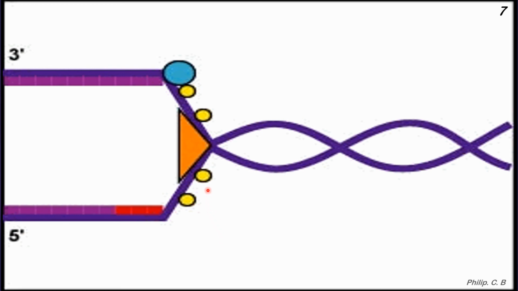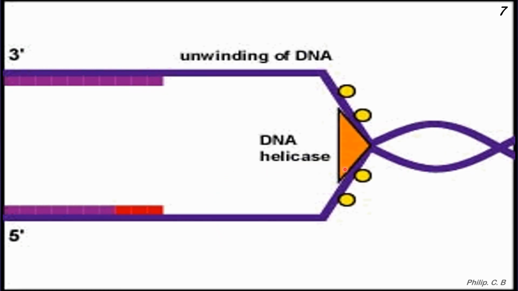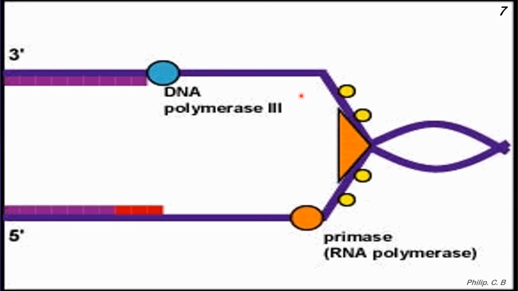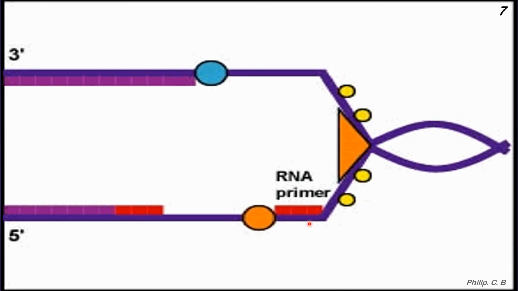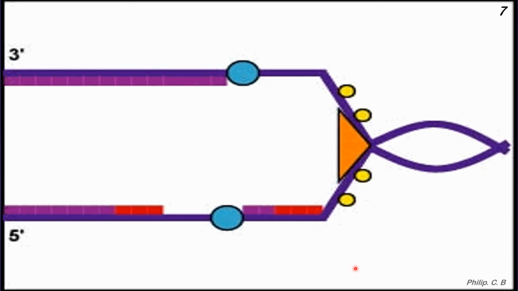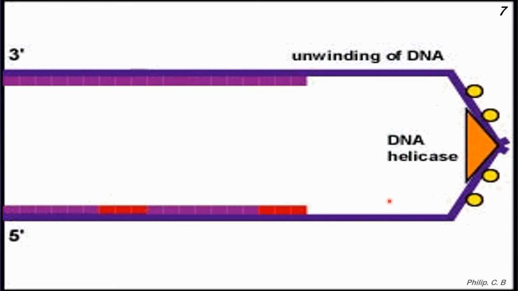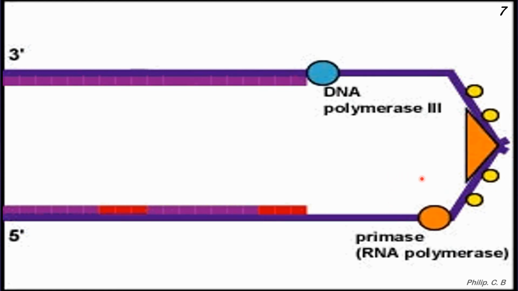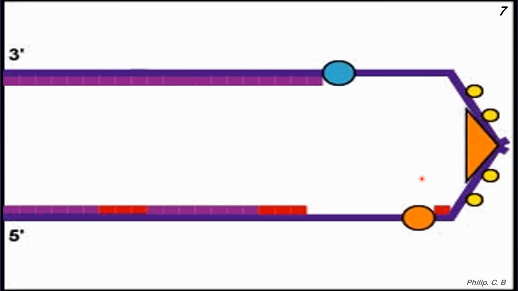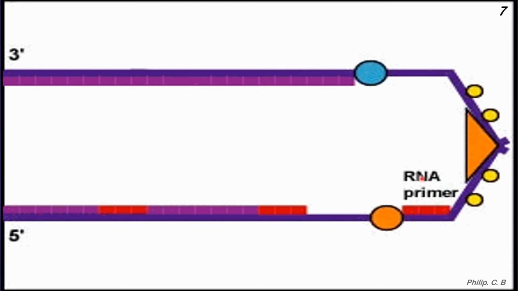Further, we can see how the DNA gets further unwound. Again, DNA polymerase, the RNA primer, the DNA polymerase 3. Then again it gets unwound by DNA helicase.